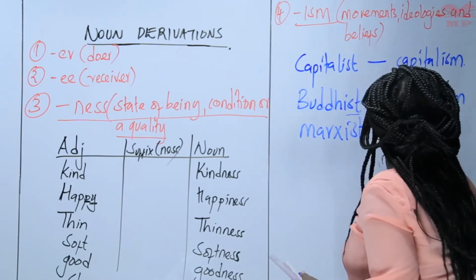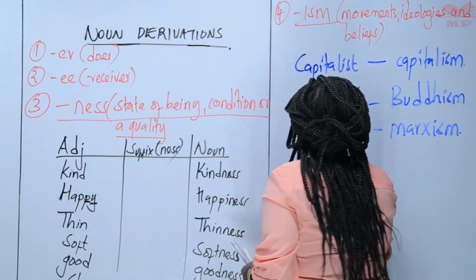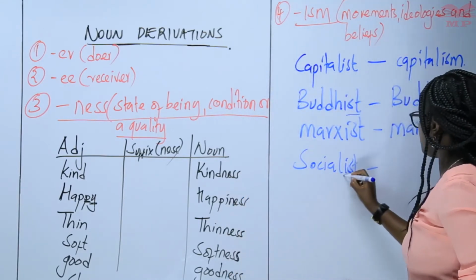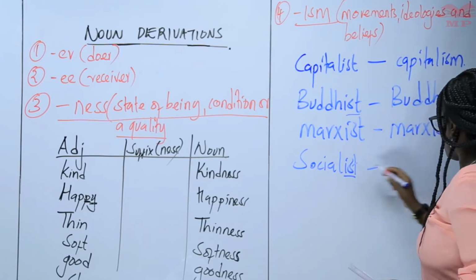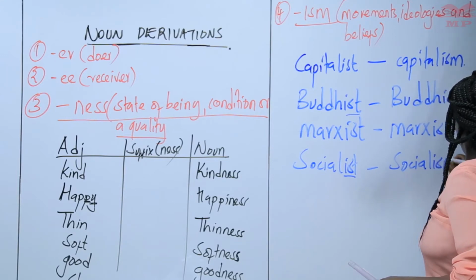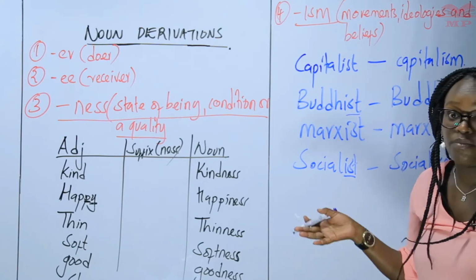We could also have another one like socialist. When we say that a country is a socialist country, when we add this suffix, we form the word socialism, which also is a movement.